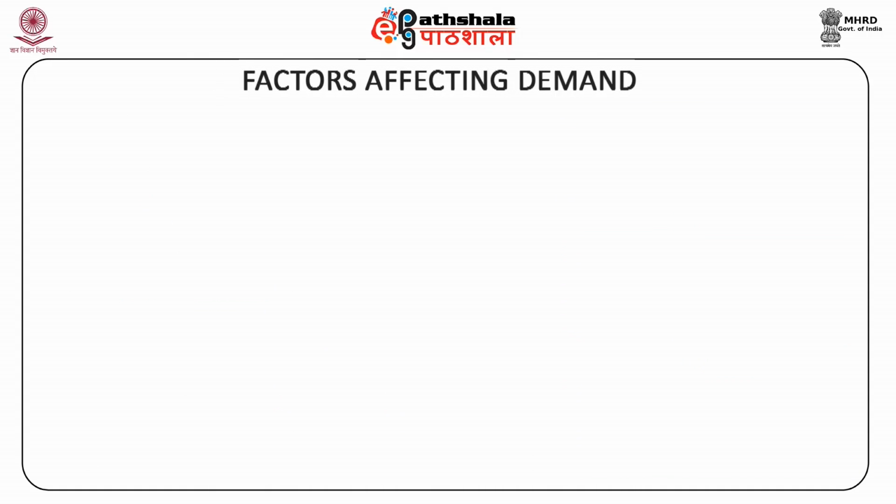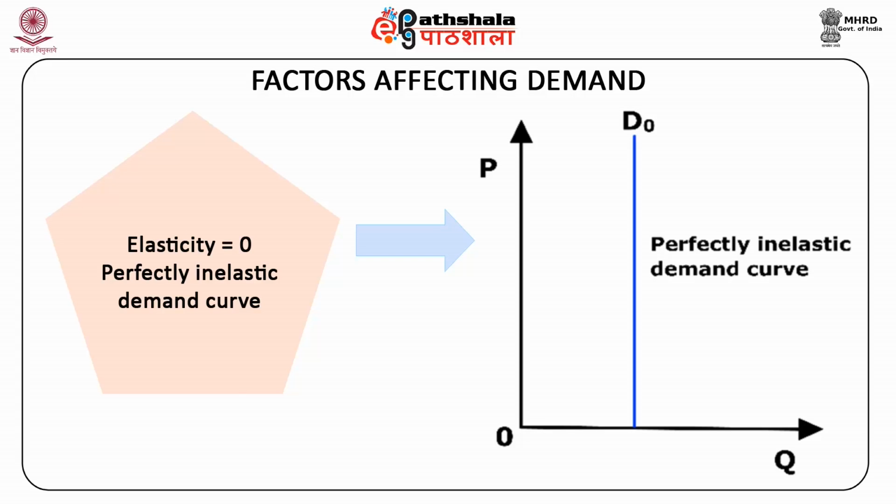Moving on to the different demand curves. First, zero elasticity implies that the quantity demanded does not change with a change in the price. That is, quantity demanded is completely unresponsive to a change in the price of the commodity. In such a case, the demand curve is said to be perfectly inelastic.